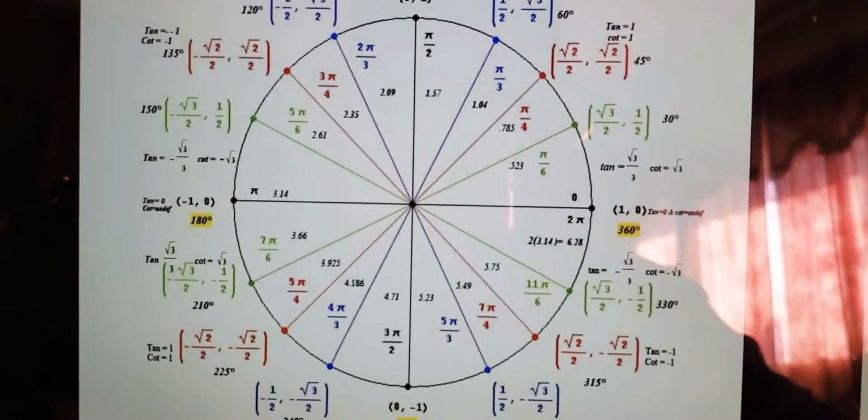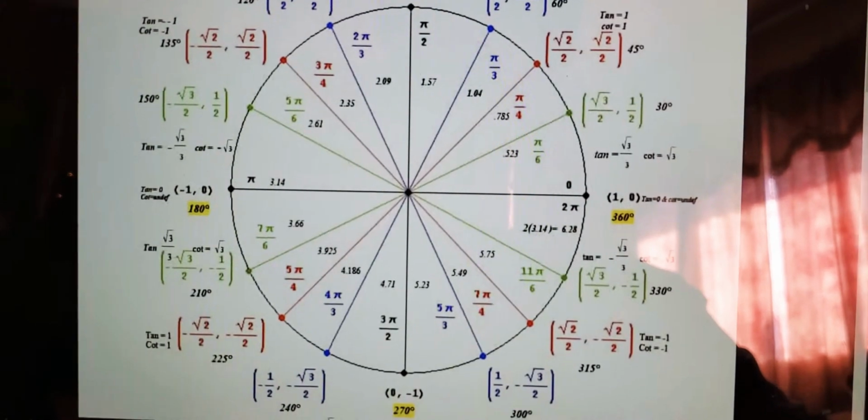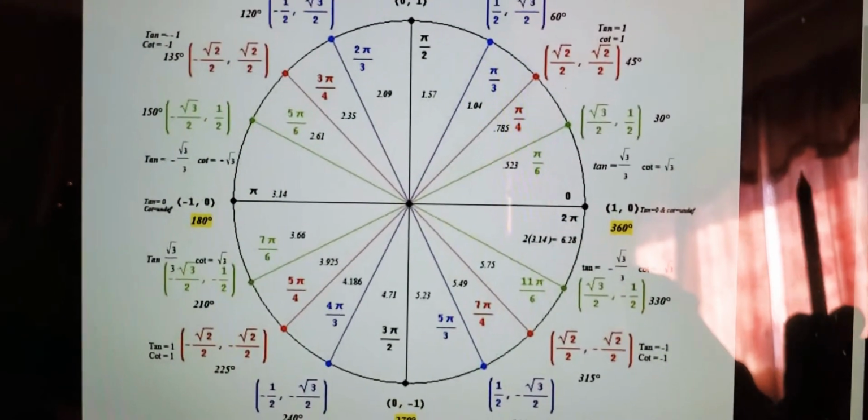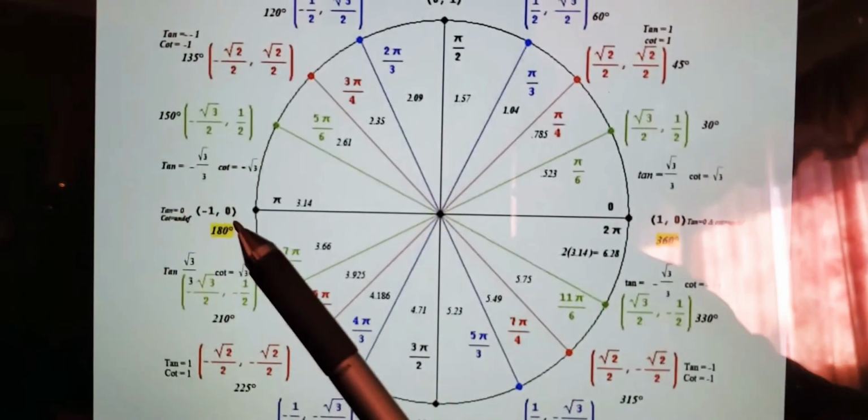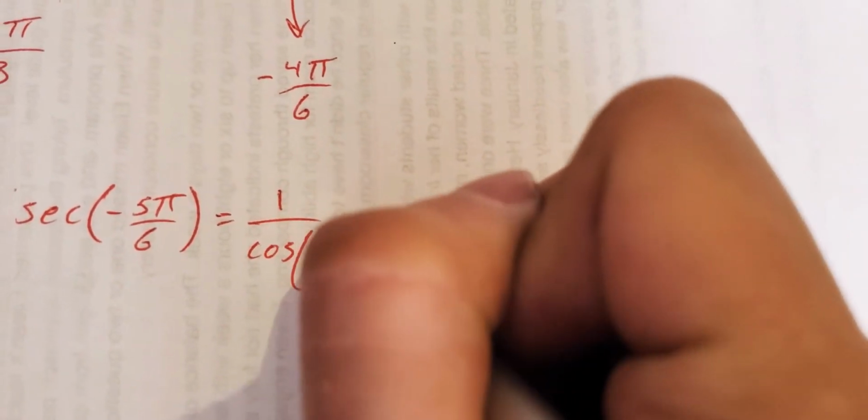So I'm looking for secant. Remember that secant is 1 over cosine, and my cosine is negative root 3 over 2. This is going to be 1 over the cosine of negative 5 pi over 6.